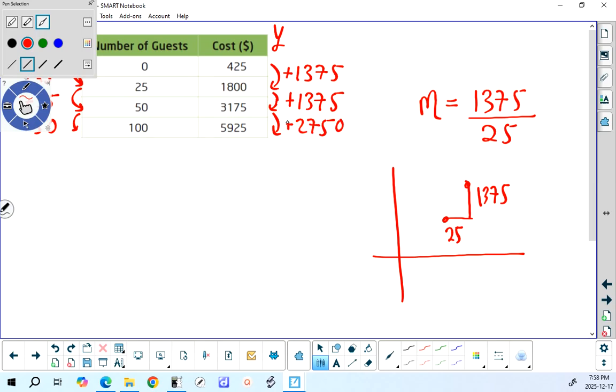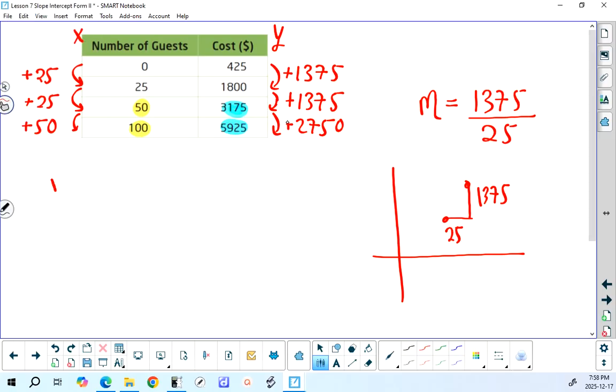That means from this number of guests to this number of guests, using y's, we can calculate a slope. From 31.75 to 59.25 is 27.50, over, this time we increased by 50.